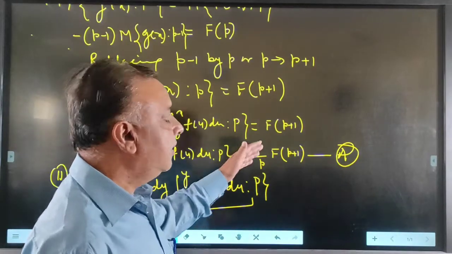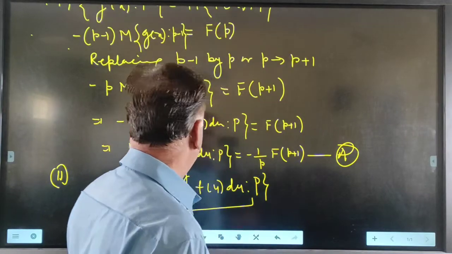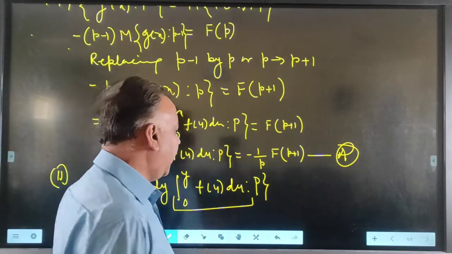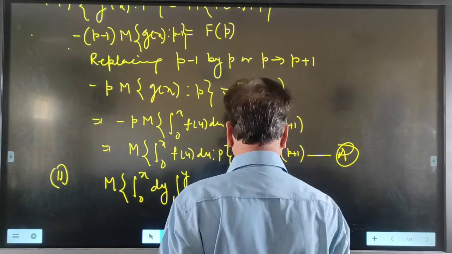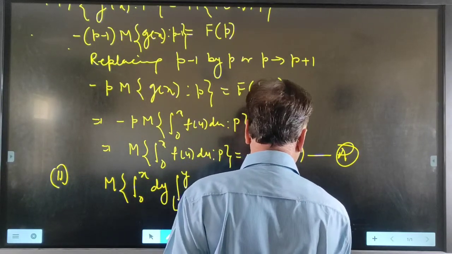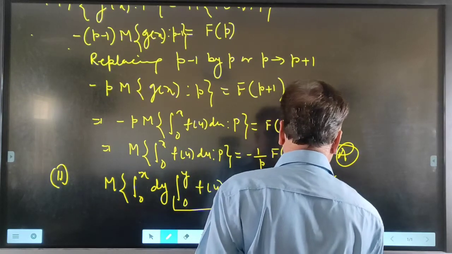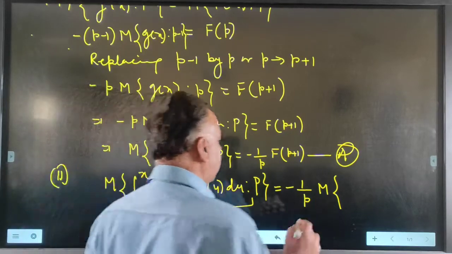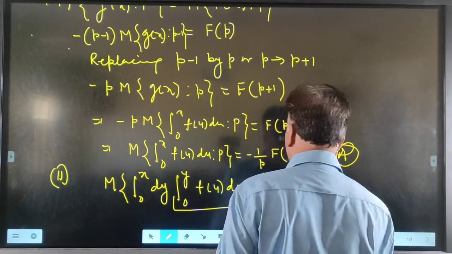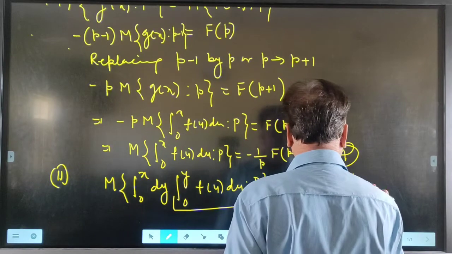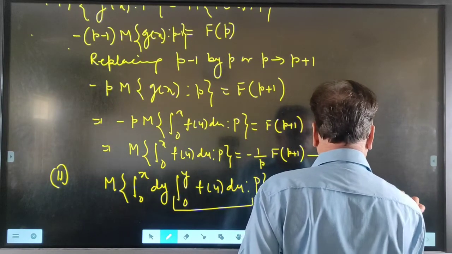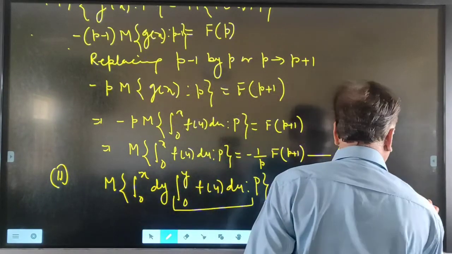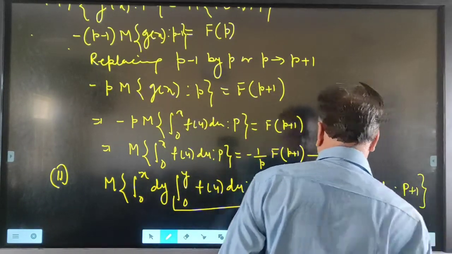Then by using the result a, the Mellin transform of the integral, we get minus of 1 upon p times the Mellin transform of the function, the integral from 0 to y of f(u) du, with respect to parameter p plus 1.